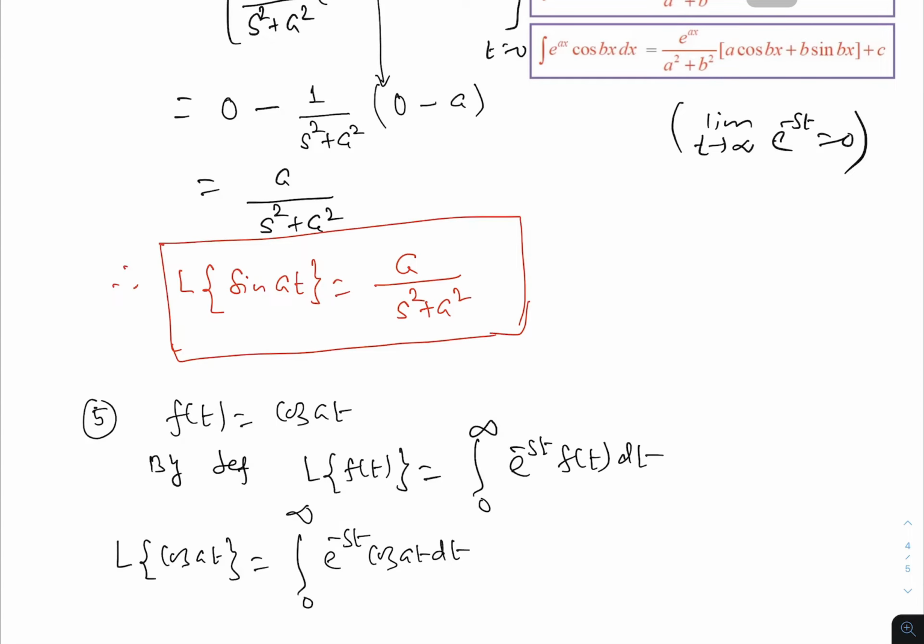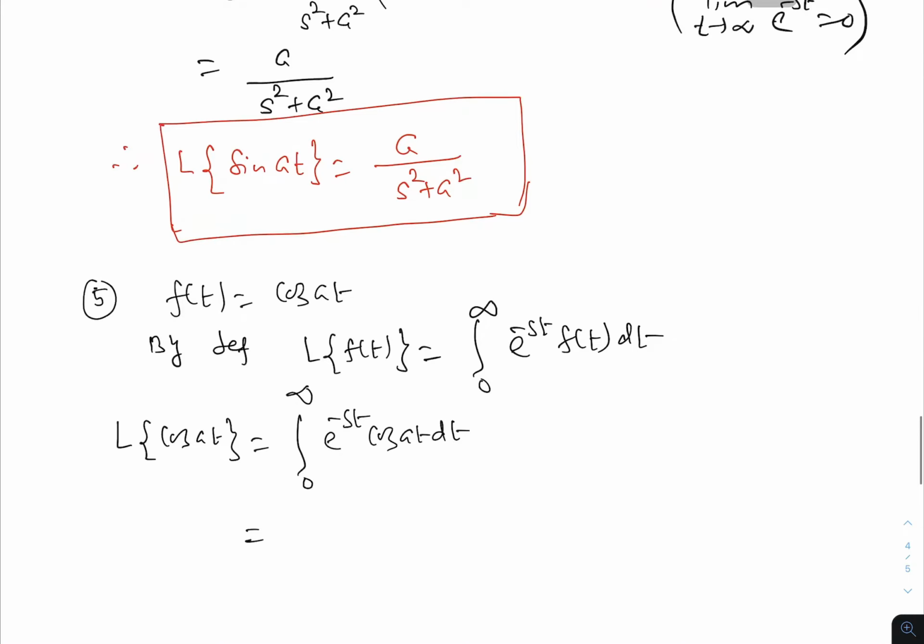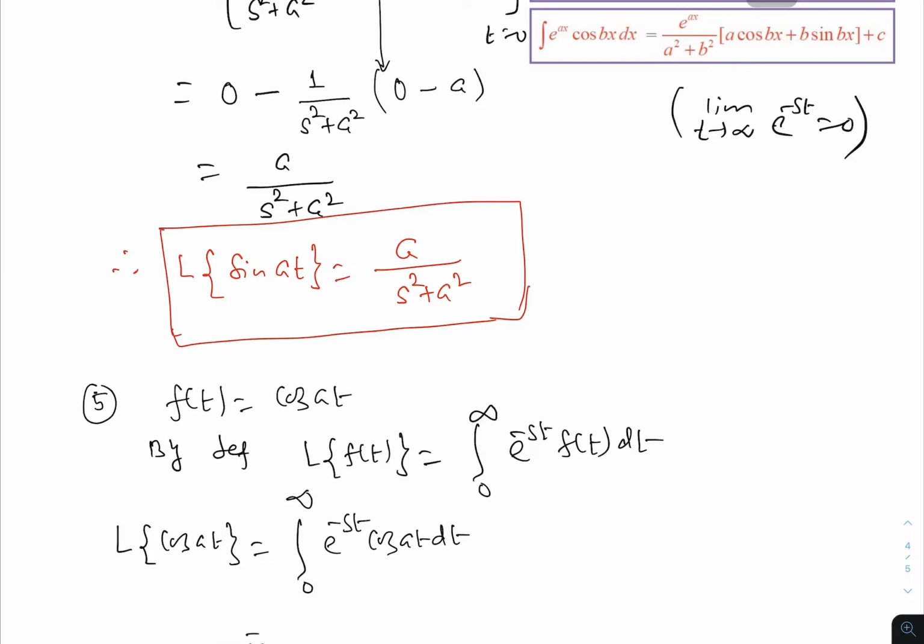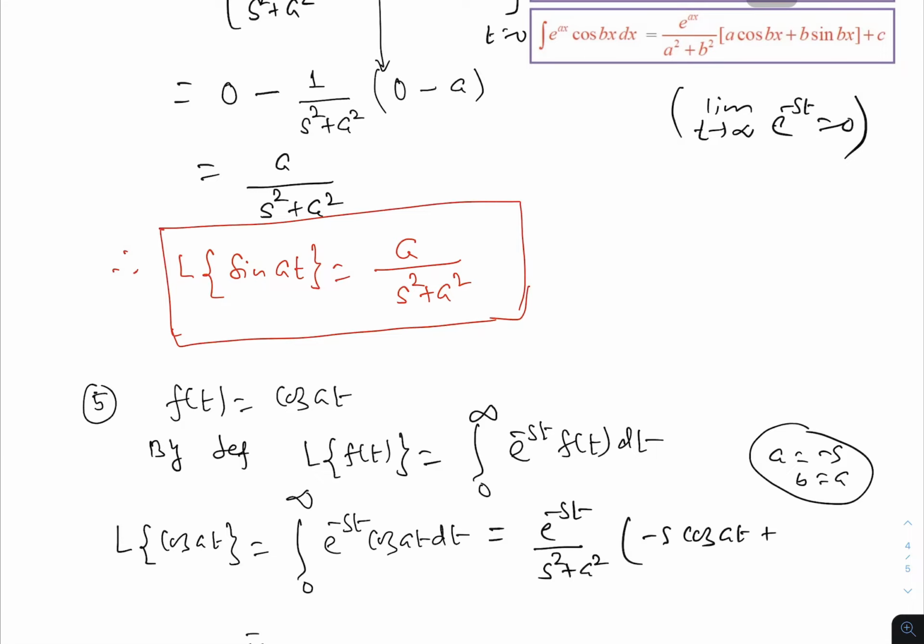So we are using this formula here, that is e power minus st over s square plus a square, then inside, a cosine bx, but a here is minus s, so minus s cosine at, plus b sine bx. In the formula a is minus s and b is a, so a sine at, and t is from 0 to infinity.